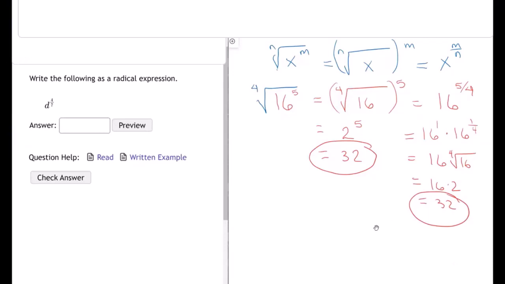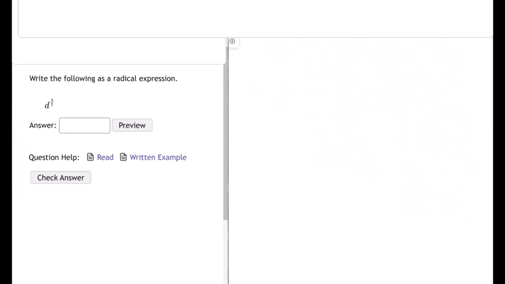If I want to do the problem that is in front of us, this is D. Remember, the numerator goes with the variable and the index is the denominator.